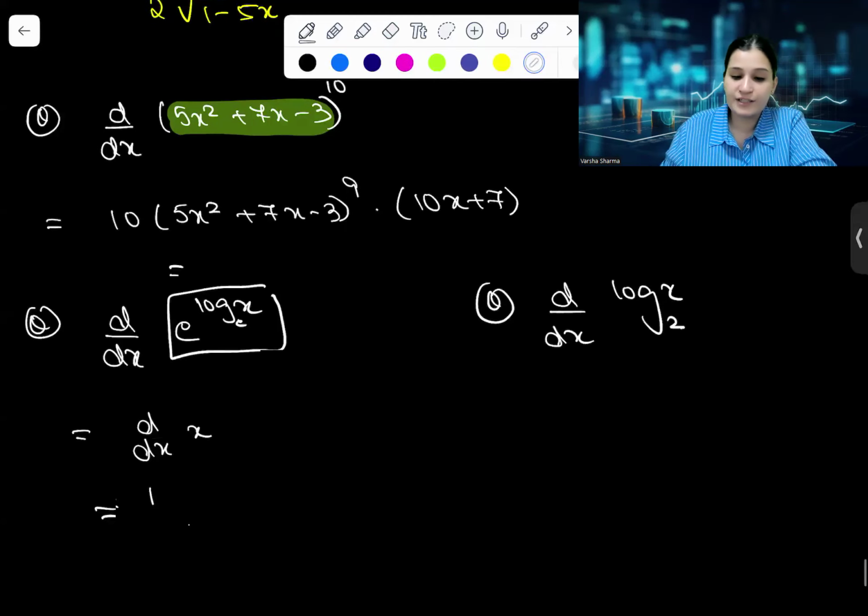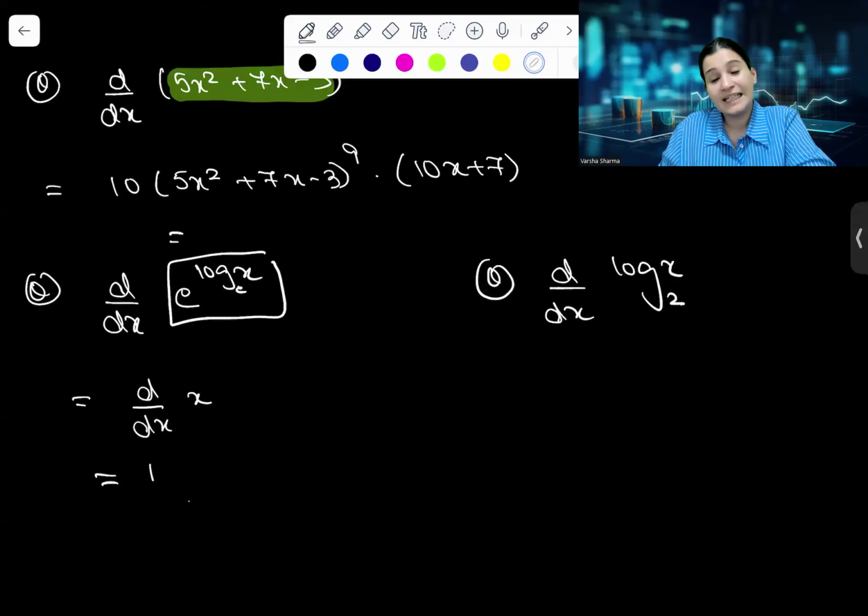How will we differentiate this now? Can I differentiate it directly? No, ma'am. How will I differentiate? Can I differentiate it directly, log x base 2? No, because the base is 2. In our formula, it was necessary that the base should be e.